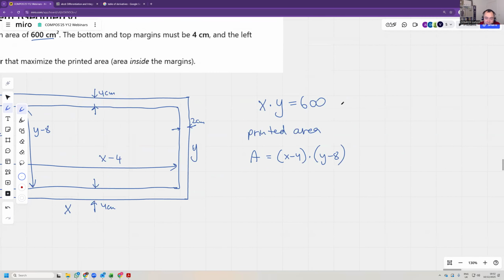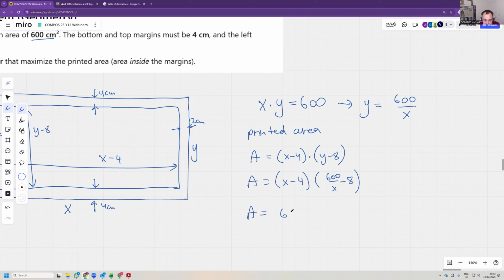From here, we can express y as 600 divided by x. And we can sub that into here. So A is x minus 4 multiplied by 600 over x minus 8. Let's open the brackets.